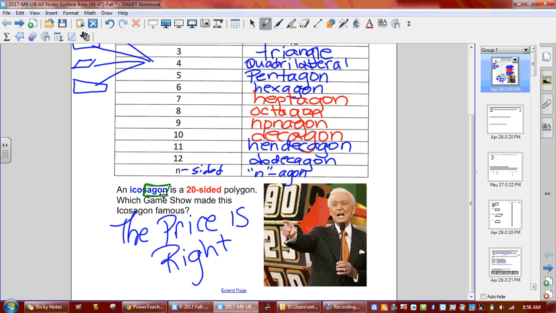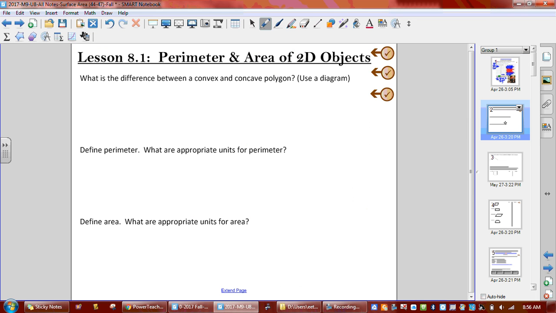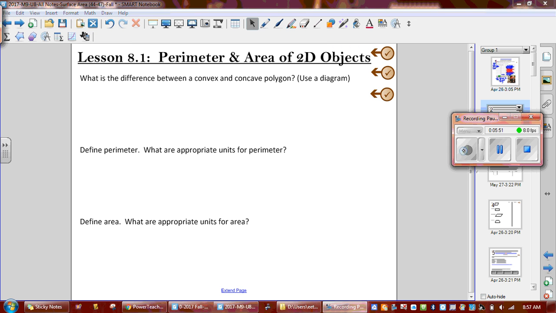Alright. Now we're going to talk about concave and convex polygons. Who remembers what a convex polygon is? Convex means every angle is going to be smaller than a straight line. Okay?